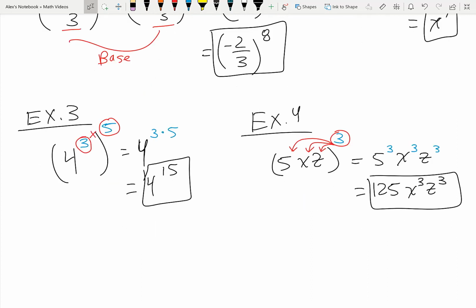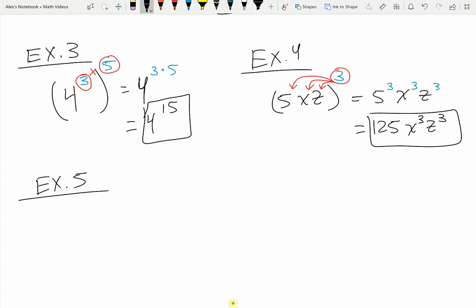That's it. Now, very last example, because it wouldn't be me if I didn't do a fraction, because we live for fractions here. So let's do 1/2 xy, all to the 3rd power. Okay, looks fun. So again, don't freak out. How many things are there in the parentheses? Well, I see 1, 2, 3.